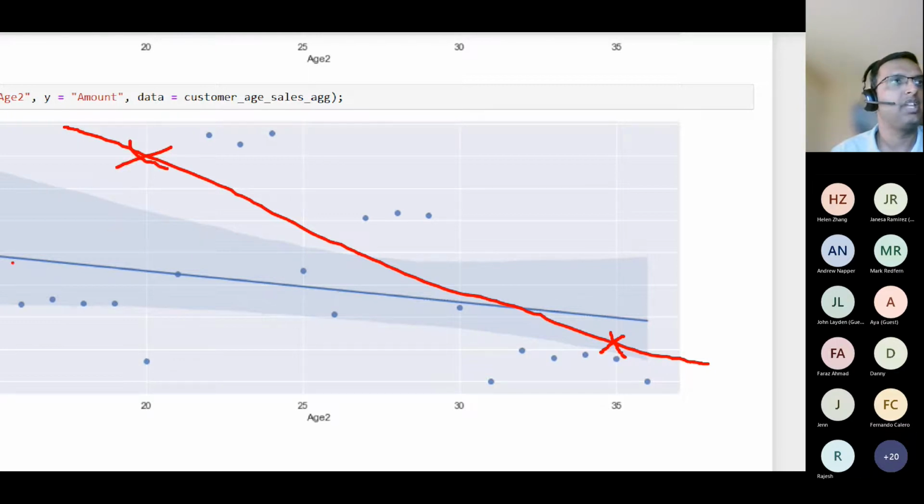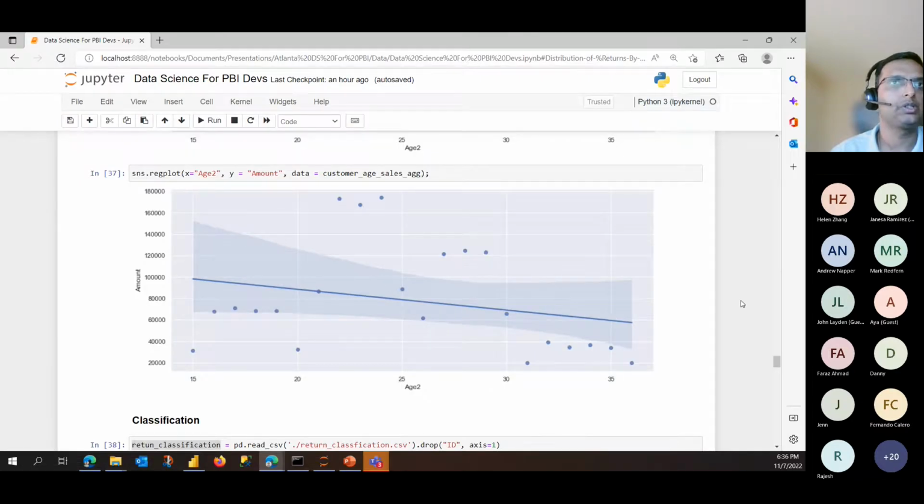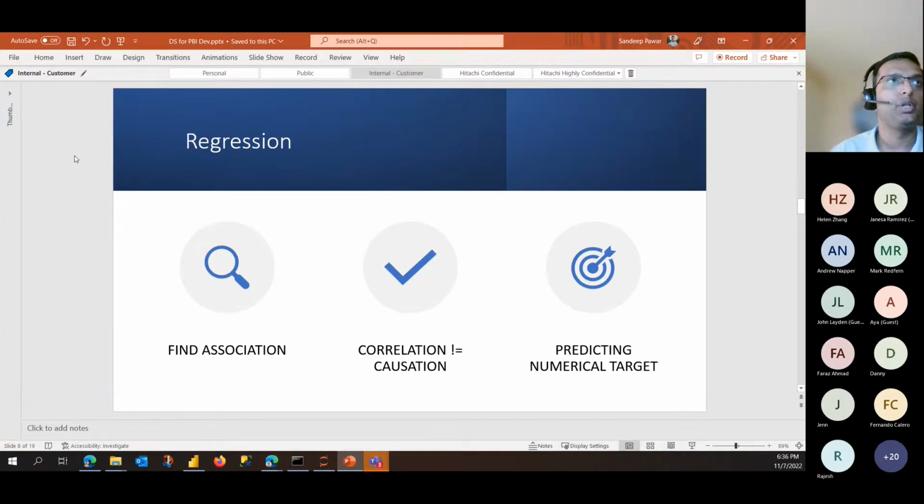But in this case, the 20-year-old is spending just a tad bit more than the person who is 35. So we notice two things here. First is the overall direction of the relationship, which is negative. And two, the overall gradient of that, which is not so much. So again, the association between the two is negative.